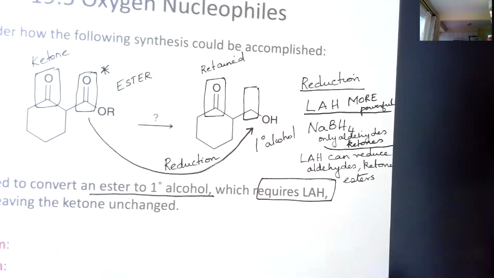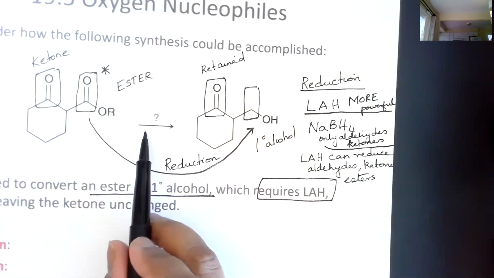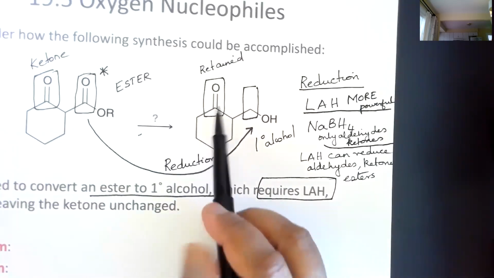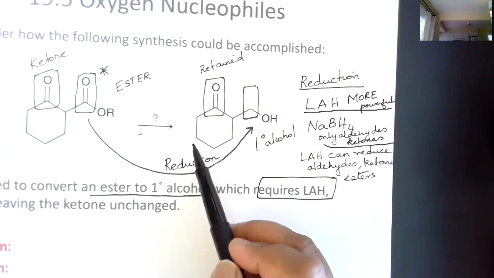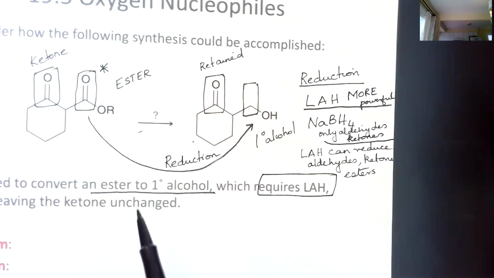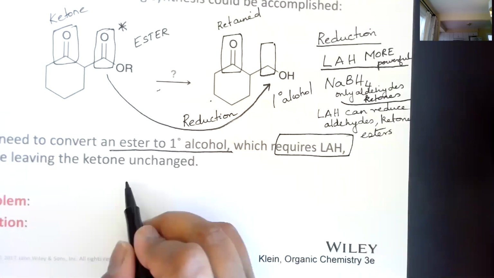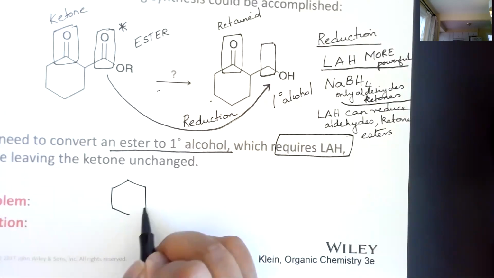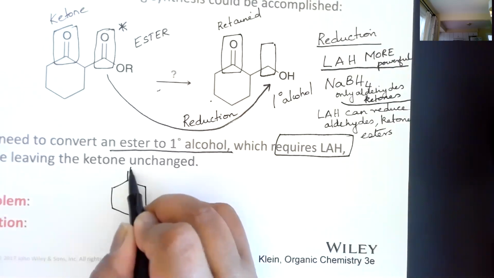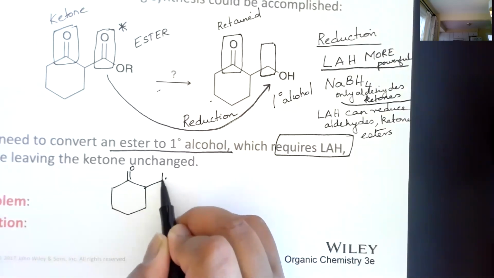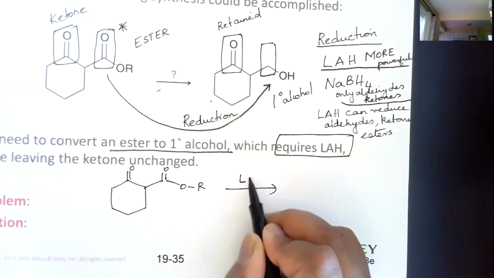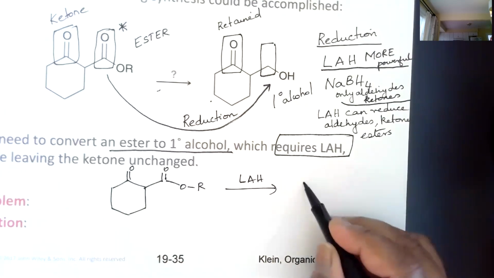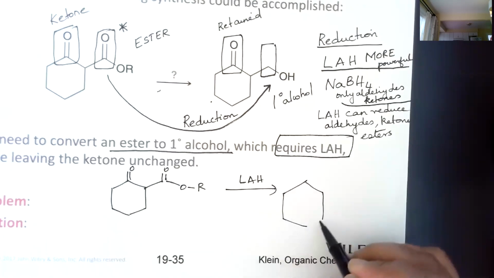So if I use LAH here at the beginning, it would kill this. It'll just make it into a cyclohexane, and you'll get that alcohol. So if I just did this, then I would have this product.